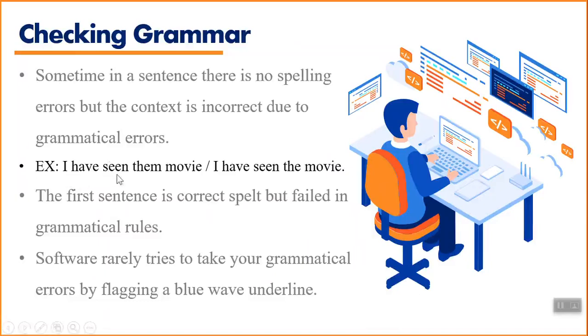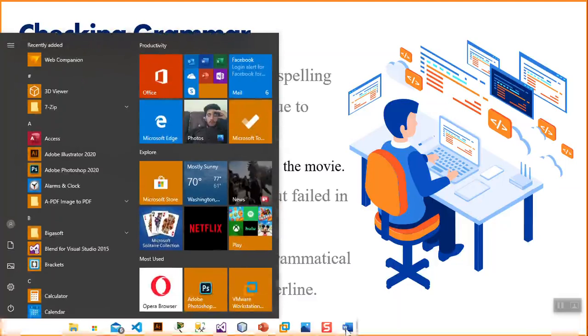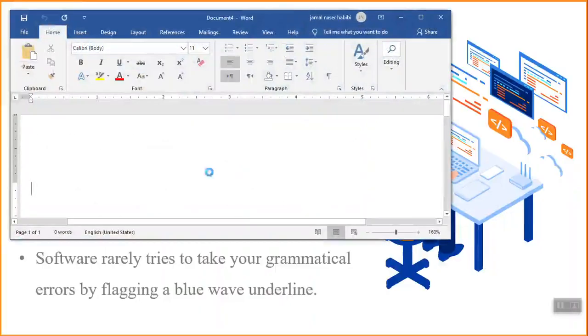I have seen the movie. It is the wrong form, but the computer takes it as correct. That's because the computer doesn't have logic like a human to detect logical errors inside your context. Let's check it out, but it rarely tries to catch your mistakes.